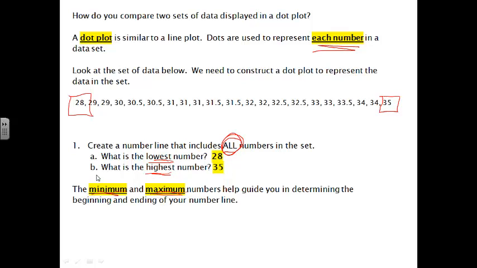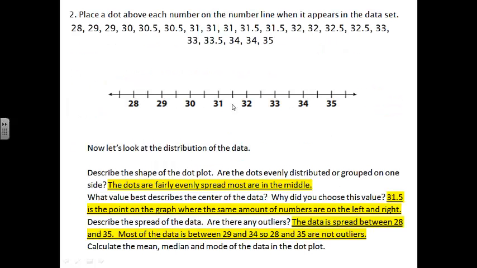We use the minimum and the maximum to help guide us in determining the beginning and end of our number line. So I put the number line here, I put the data set here, and we're going to translate it into a dot plot. Notice how I started with 28, the minimum, and I ended with 35, the maximum.